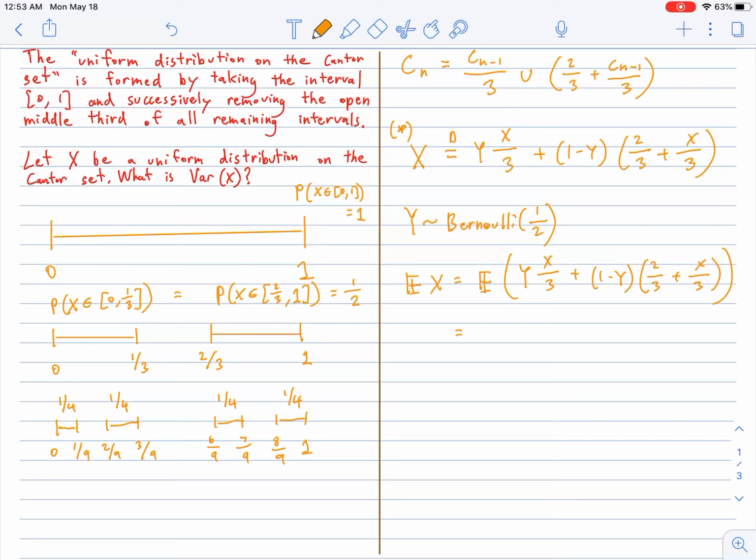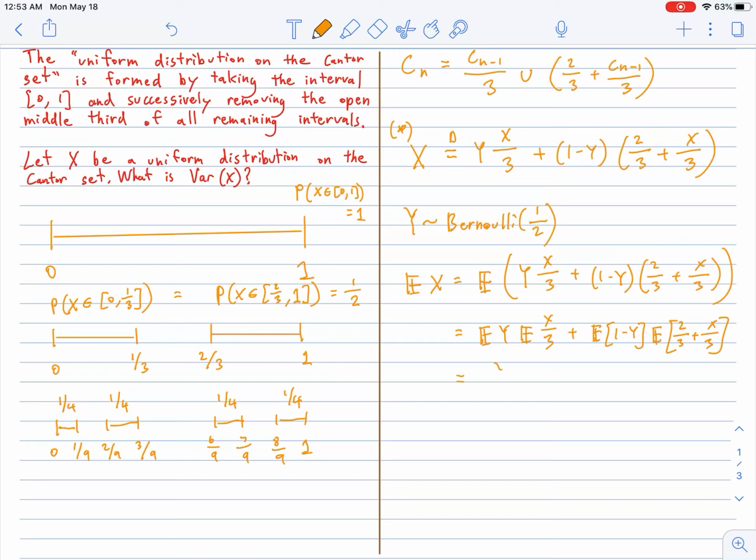And since Y and X are independent, which I should have defined earlier, we can pass the expectations through. And since Y is Bernoulli with parameter 1/2, these all come to 1/2.